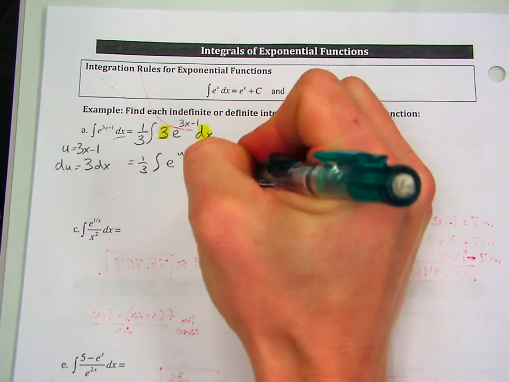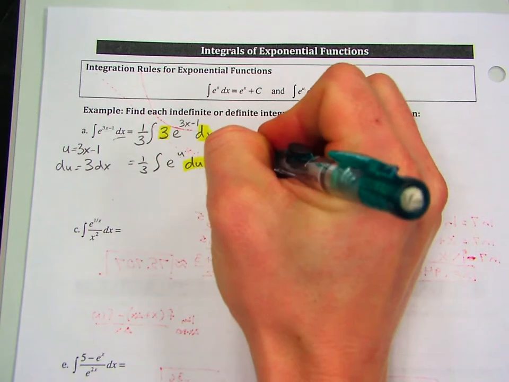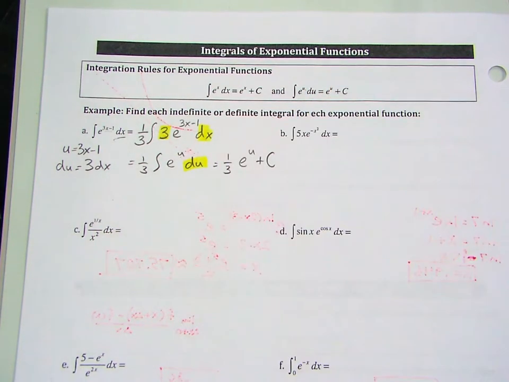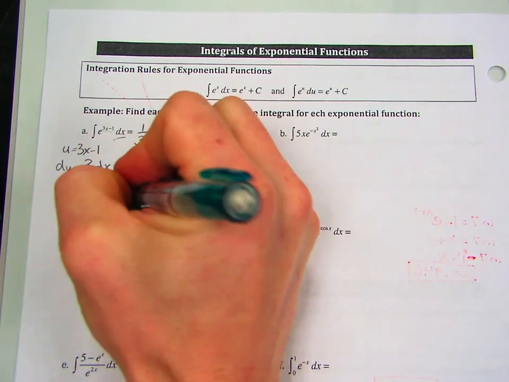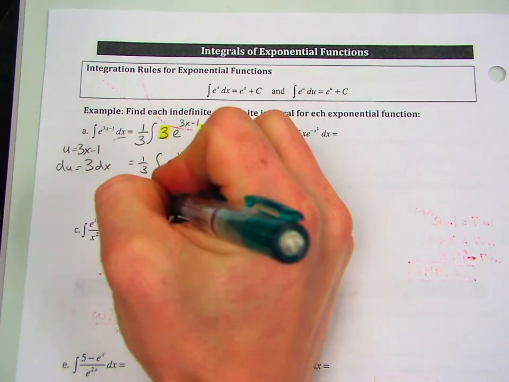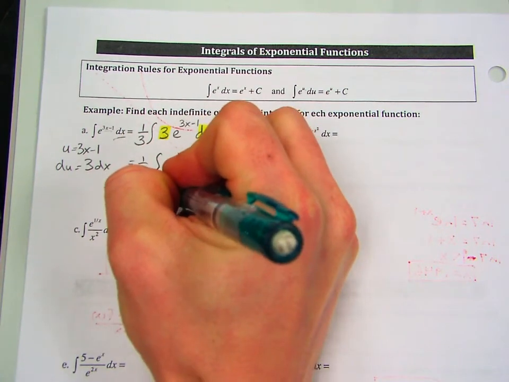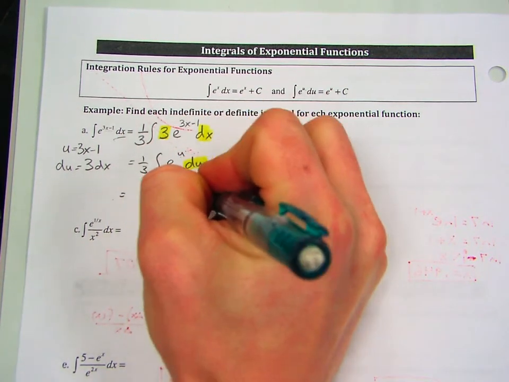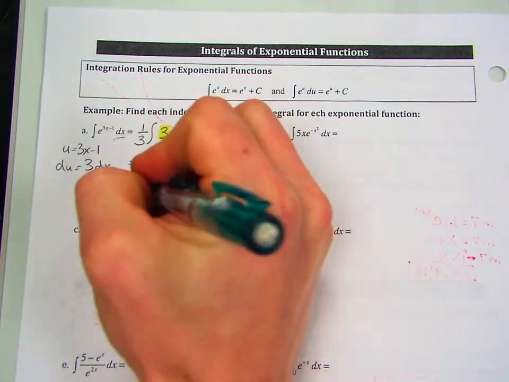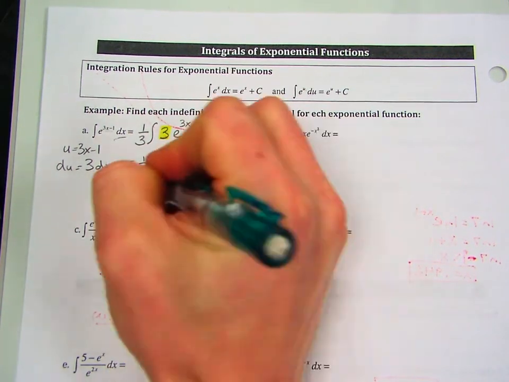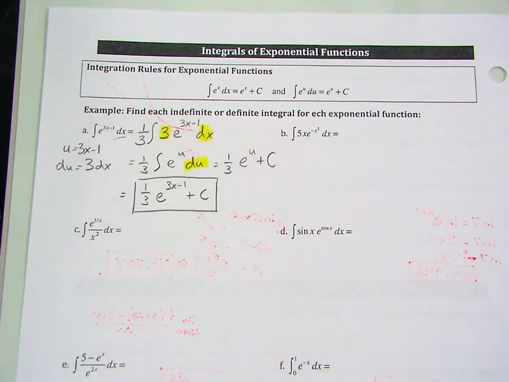So we get 1/3 e to the u plus our constant. And then we're going to substitute u back in for our final answer. So 1/3 e to the 3x minus 1 plus our constant.